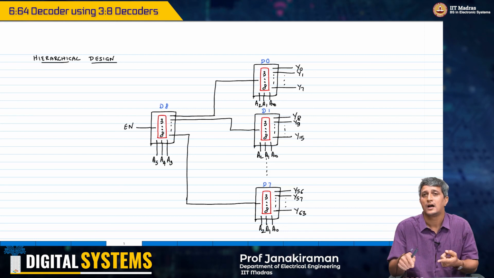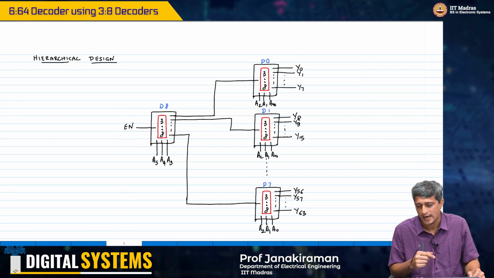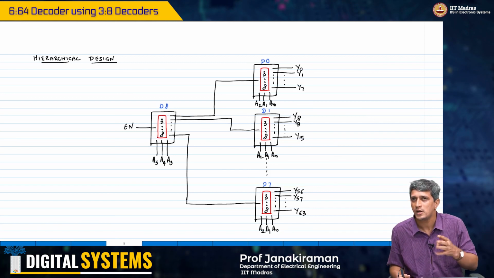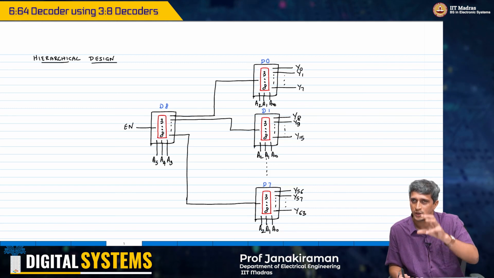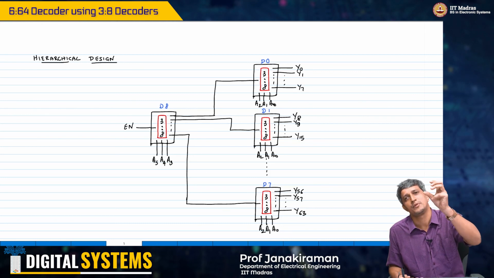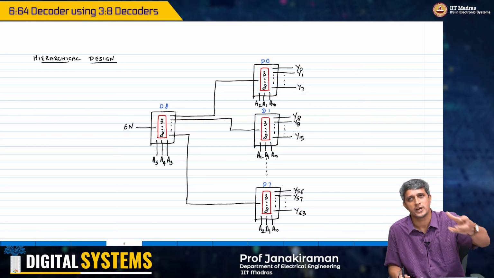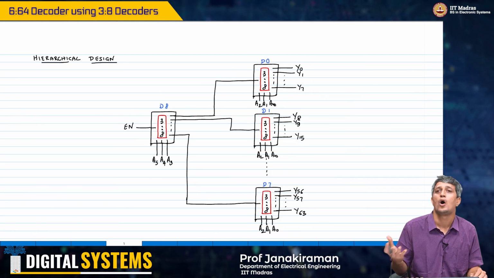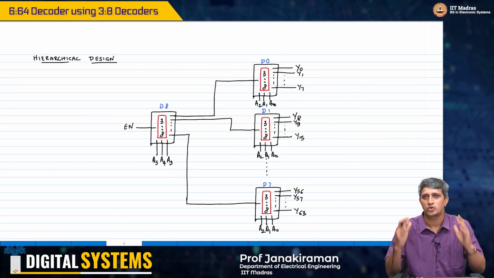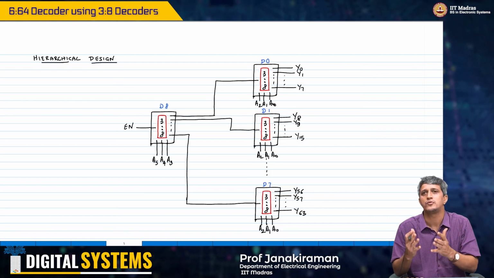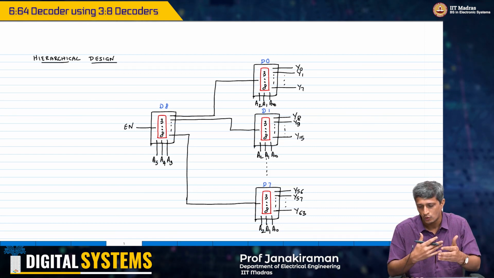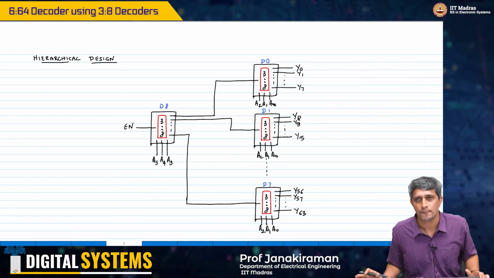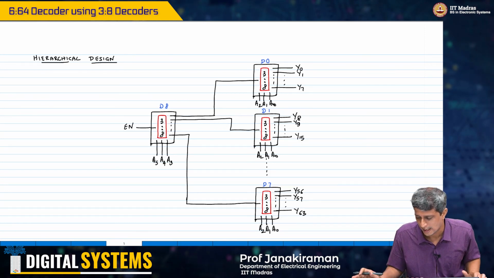Enable and 6 other inputs, A0 to A5, right? And therefore that is not going to be feasible to even do, because the 7 input AND gate now has to be broken into 4 input AND gates, 3 input AND gates, and so on, right? Therefore it makes a lot of sense to be able to simply think in terms of this whole hierarchical designing paradigm. Okay, that's the basic idea that we have here.